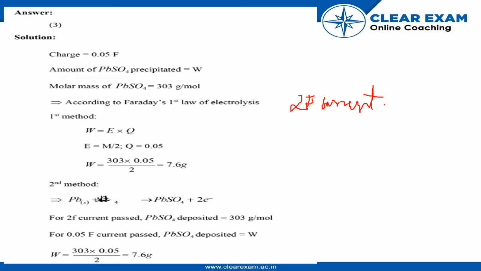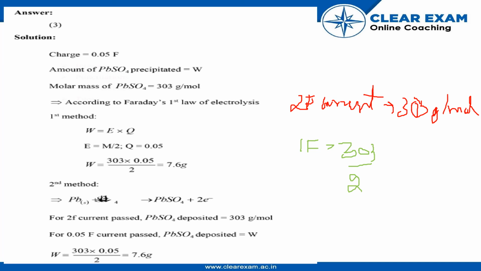Which is equal to 303 gram per mole, as given in the question. So for 1 Faraday we can find it will be 303 by 2.